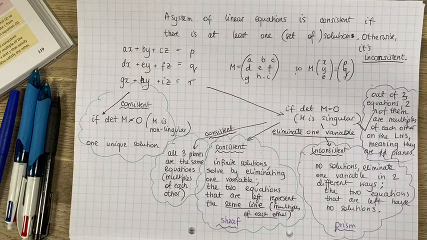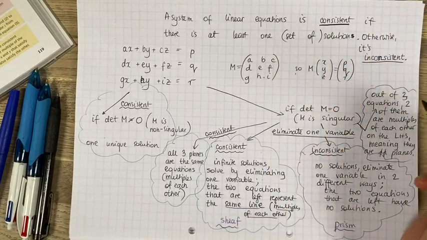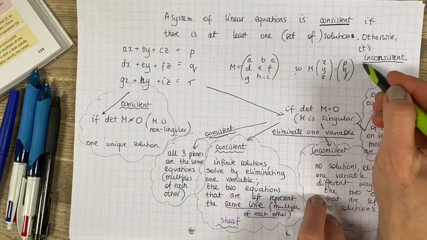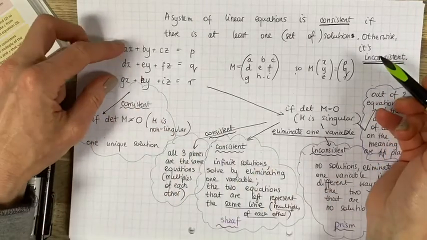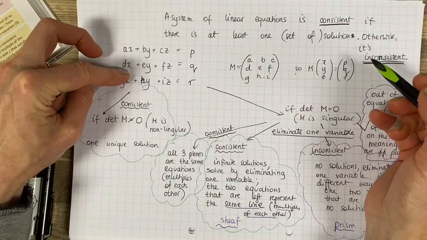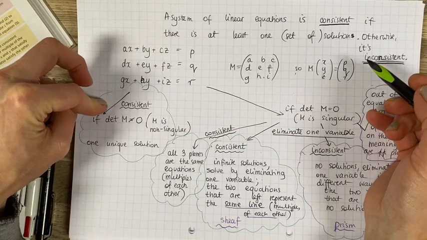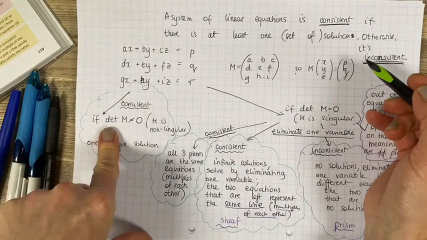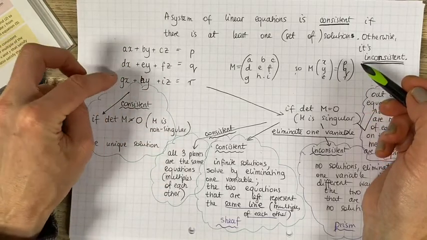Now, if there is a solution to your system of simultaneous equations, then those equations are called consistent. If there isn't a solution, they're called inconsistent. If you have three equations, they will be consistent always if you can find the determinant of the matrix associated with this system.